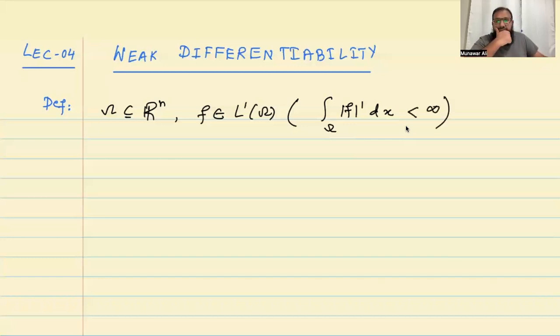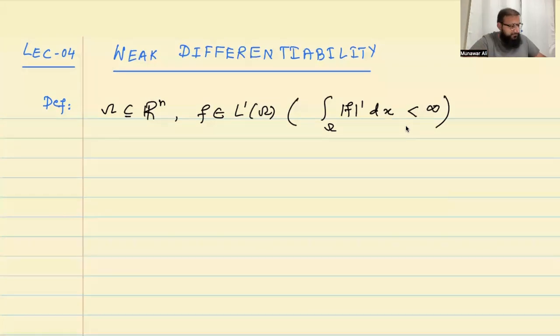Then I say that this function is in L1, otherwise this function is not in L1. Omega is the whole set. It can be whole Rn, let's say R1, R2, or R3. If omega is finite, then we can discuss these things in a different way. Okay, f is in L1.